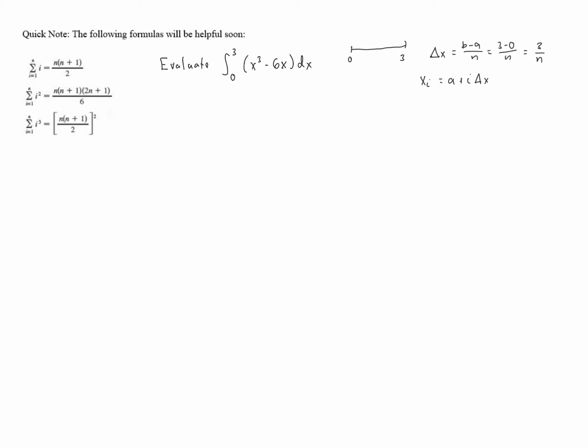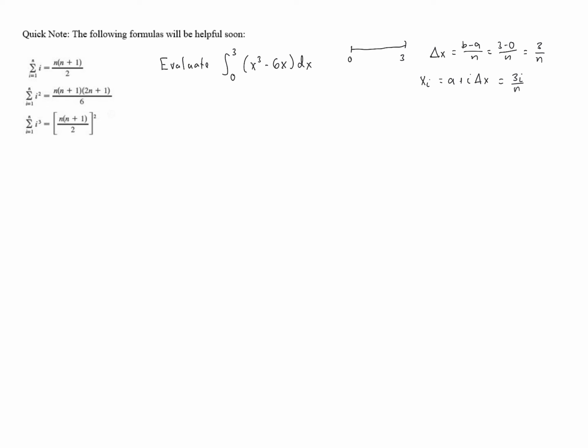Of course, a is 0, right? The left endpoint or the lower limit is 0. So that term is going to go away, and we're just going to have i times delta x. So it's going to be 3i over n. Basically multiplying 3 over n times i. I think that's the nicest way to write that.